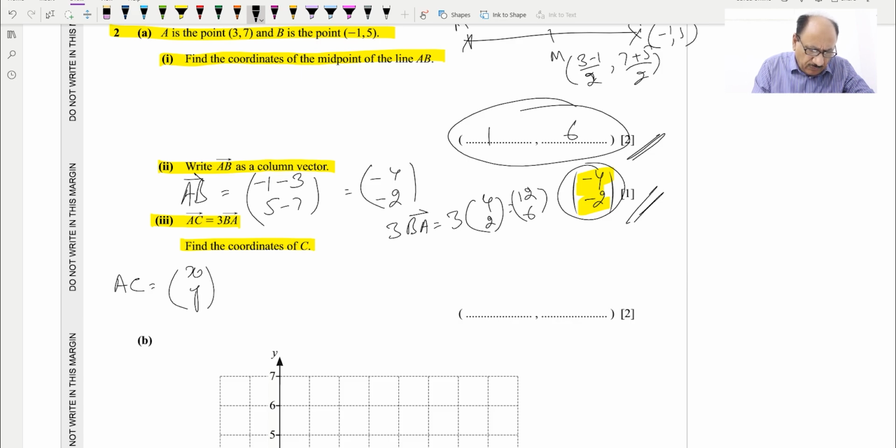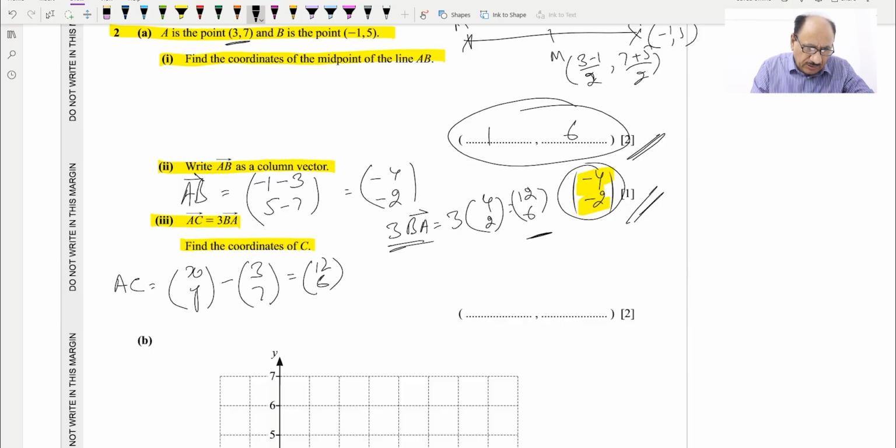We can take X and Y, and minus A coordinates we already have, which is given, which is 3 and 7. So we can write 3 and 7 is equal to 3BA, which we have calculated, basically 12 and 16. So 12 and 16 we can write equal to 12 and 6.